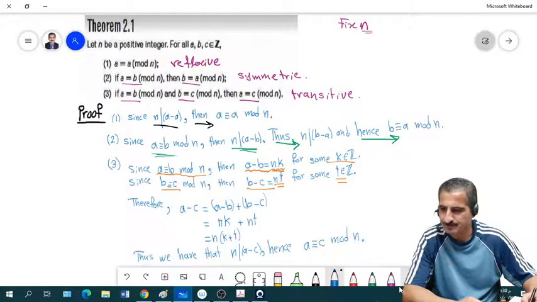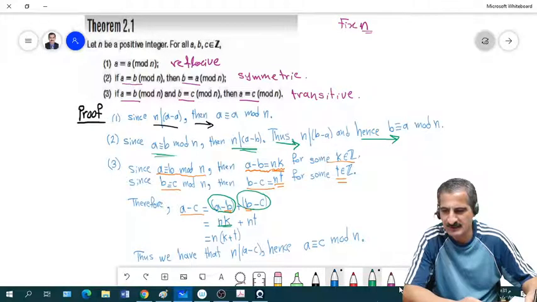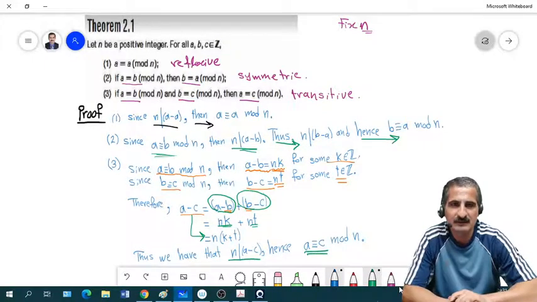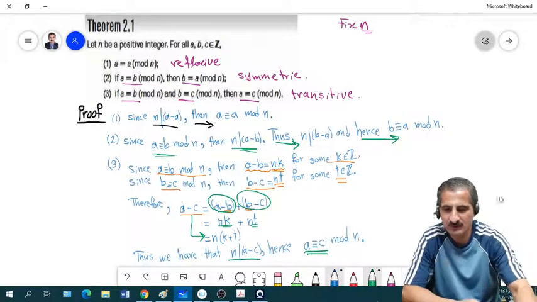Now we go here. A minus c, we will write it the following way. We will subtract b and add b, so we change nothing. Now this part, a minus b is nk, b minus c is nt, so we get a minus c is a multiple of n, which means n divides a minus c, and which implies a is congruent to c modulo n.